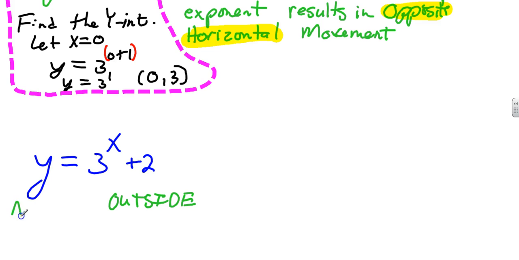So if you add or subtract on the outside, then the result is a vertical shift.